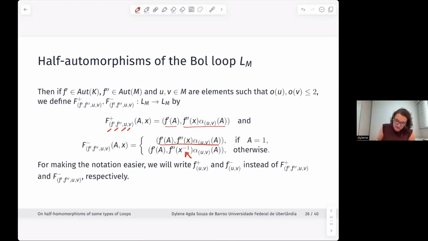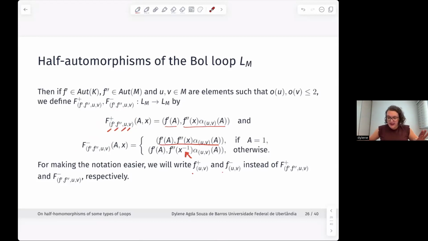To make the notation a little bit easier, we use F plus and F minus with the parameters U and V instead of this huge notation over here.